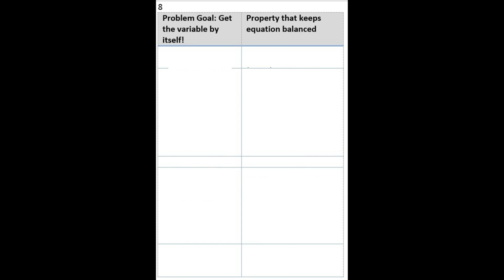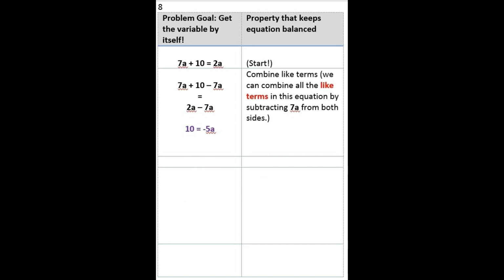All right, so our problem here looks like 7a plus 10 equals 2a. Well, this time we only have to combine like terms with a single movement. And we have a on both sides. All we're going to do is subtract from the side with a constant on it. Now, could you subtract 10? You could, but that would end up giving you an extra step in your problem.